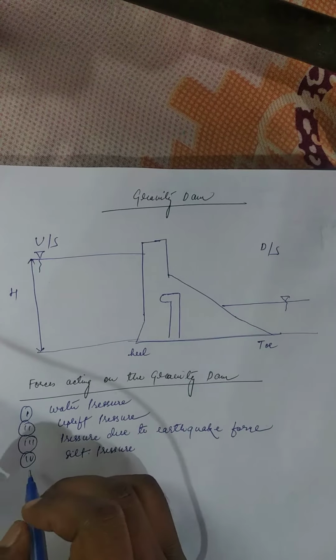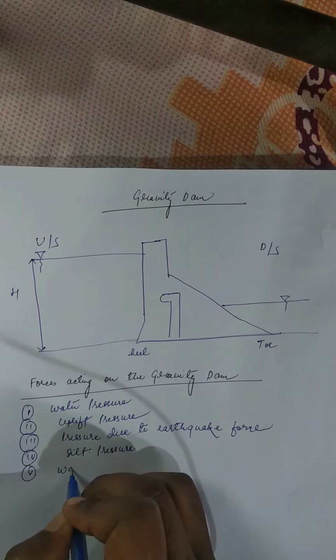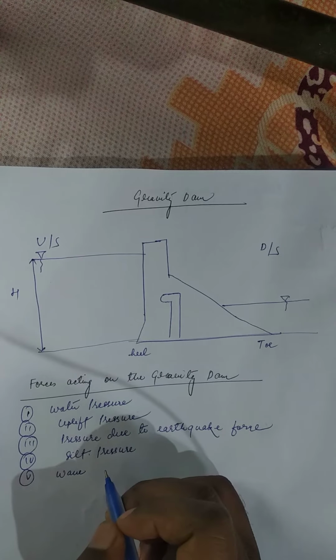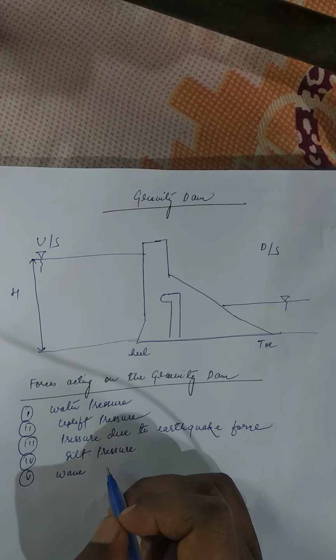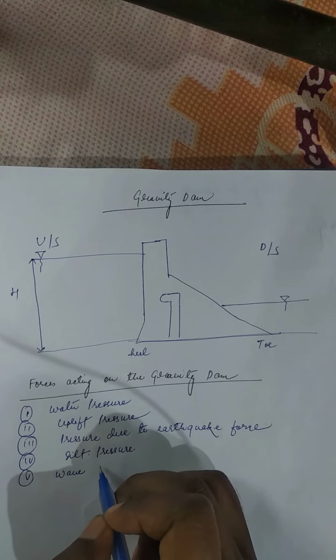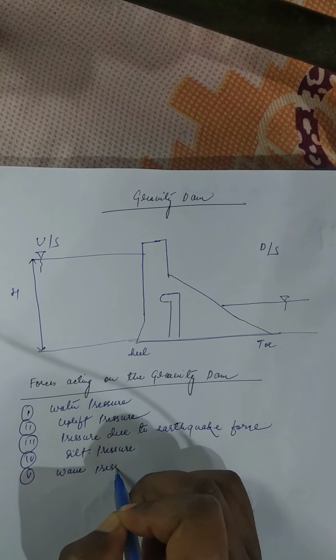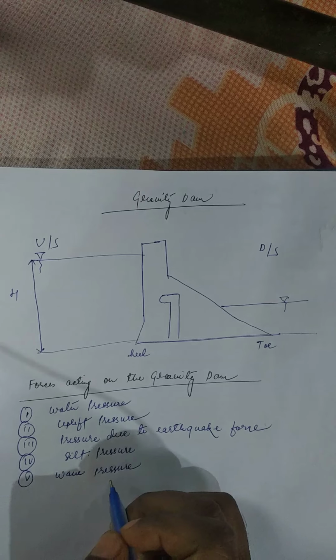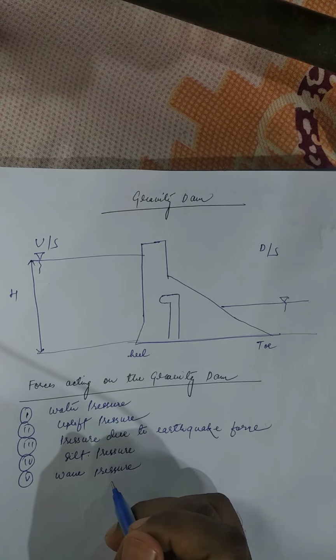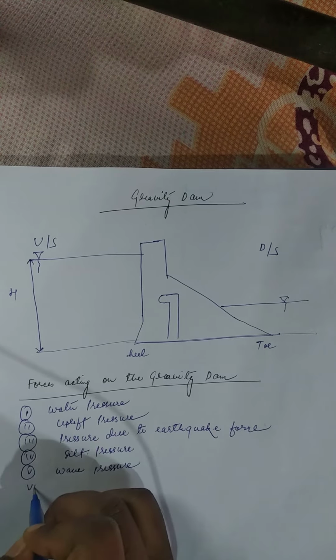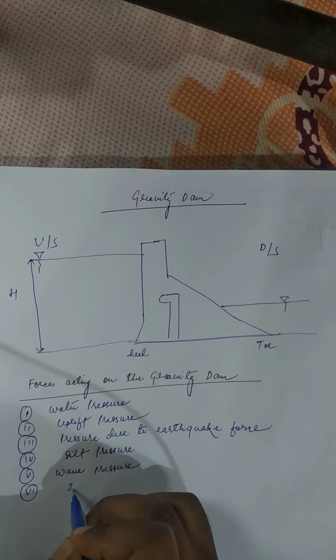The fifth one is the wave pressure. The wave is generated in the water due to the effect of wind. Sixth one is ice pressure.